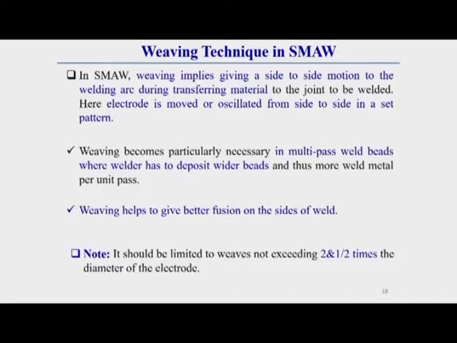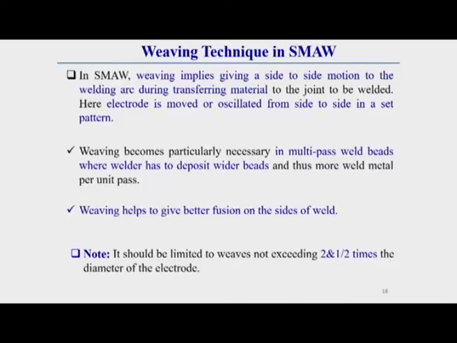Generally this weaving operation is required where more material is required to be deposited and a wider weld bead shape is required. It is especially used for multi-pass welds, where more material and a wider bead shape are required, or for thicker sections.